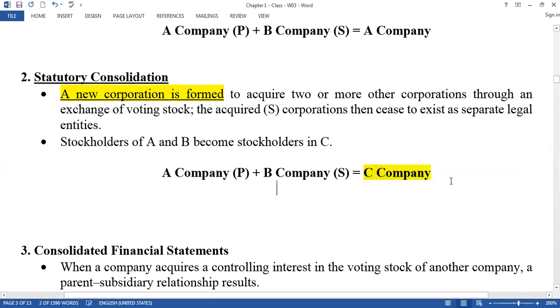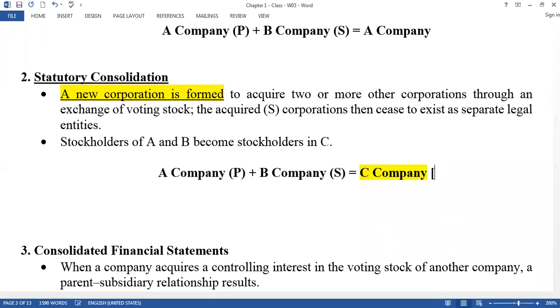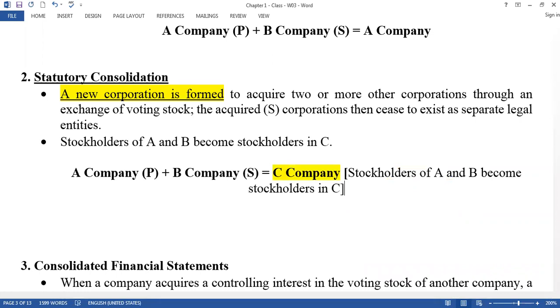The new identity is company C. However, they say don't worry, the shareholders of A and the shareholders of B become the shareholders of C. They are going to combine together, so no need to worry. Although it is a new name, we are the same.